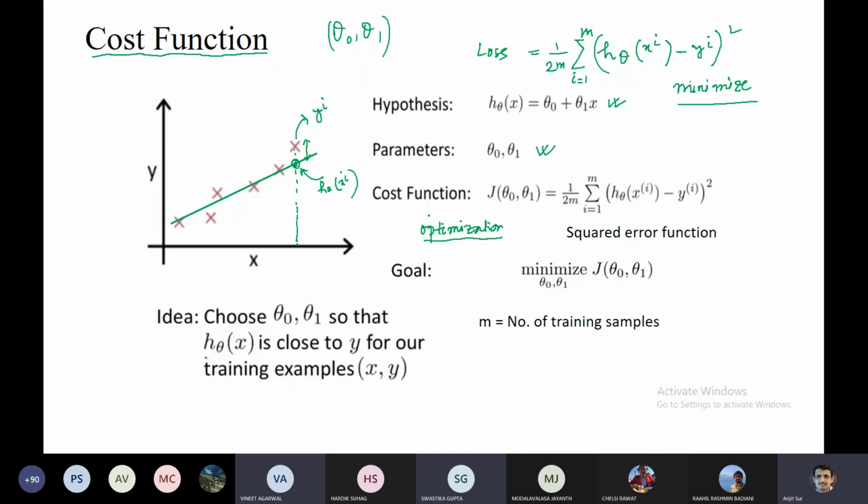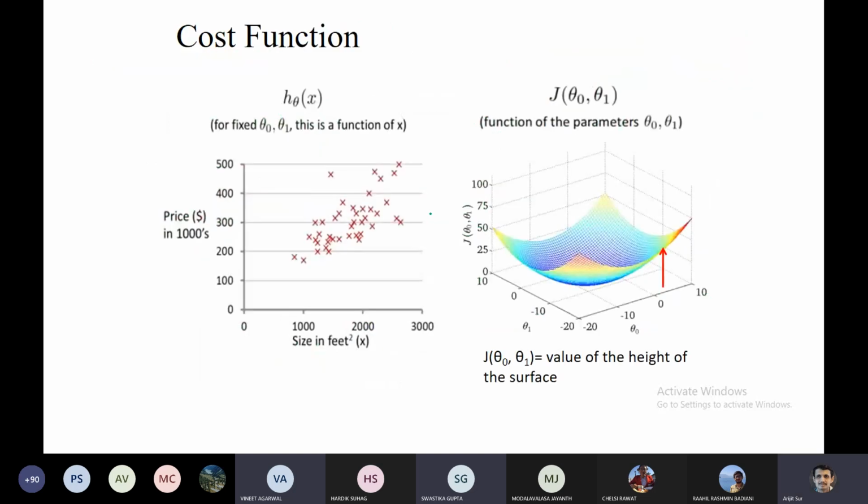Is there anyone who has not understood? So that is our goal. Now we understand that we can get h theta of x from the training samples.